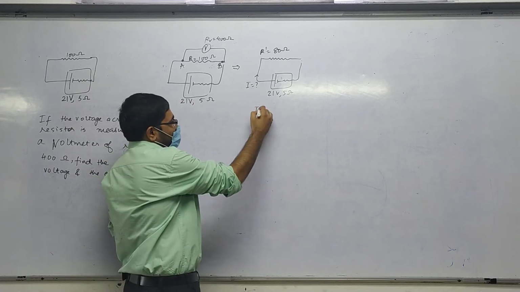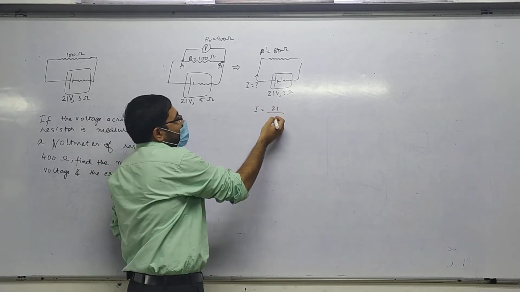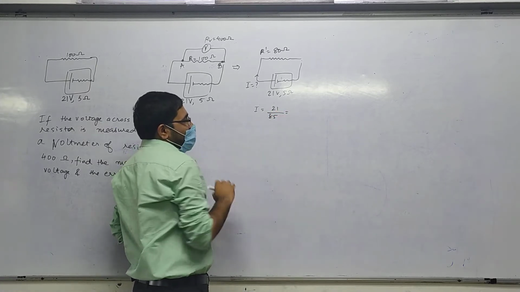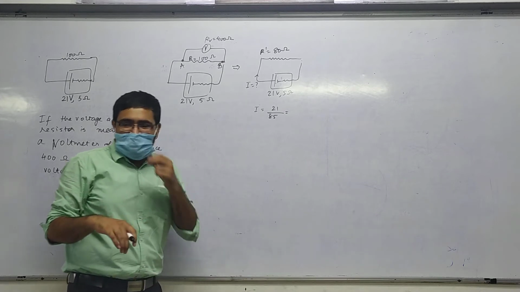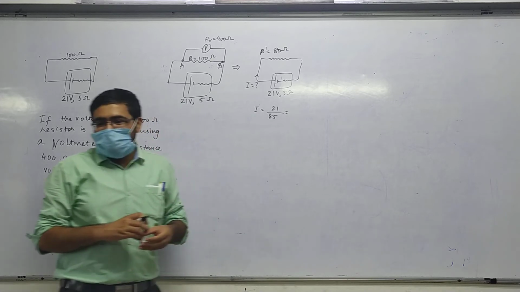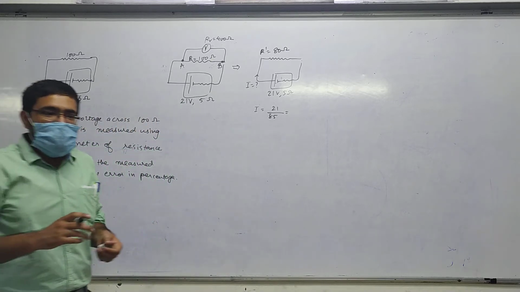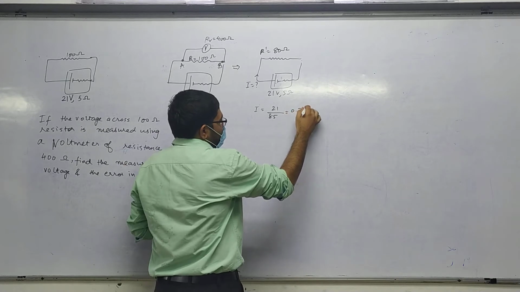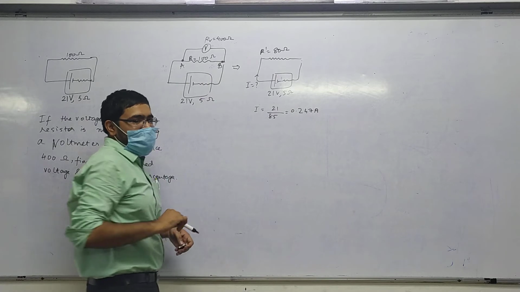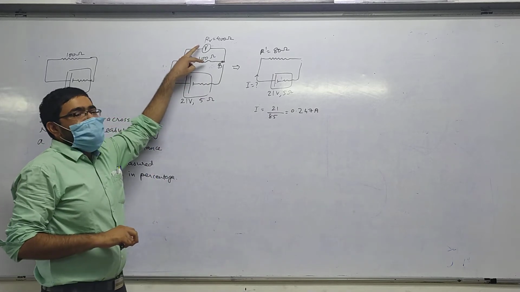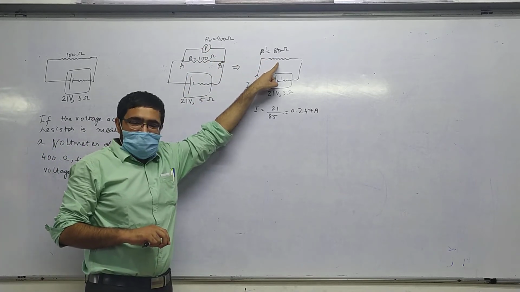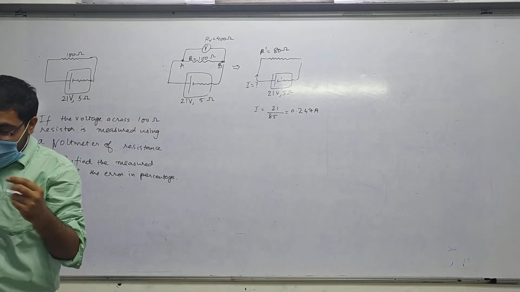So I is equal to 21 upon 85. Is that okay or not okay? So how much is that? Use the calculator. 0.247. So this is the current. Now how much is the voltage for AB? These two are in parallel, so we get the voltage by taking the voltage of this.